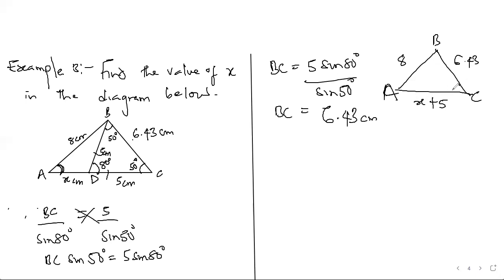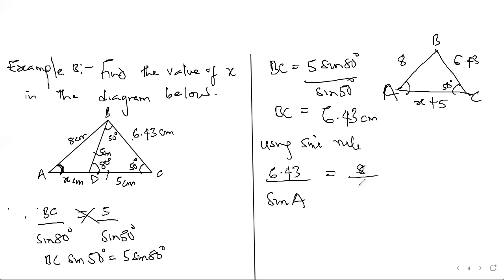So now I have this angle, 50. I can find this angle A using sine rule. So using sine rule again, I can find this angle: 6.43 over sine A should be equal to 8 over sine 50.